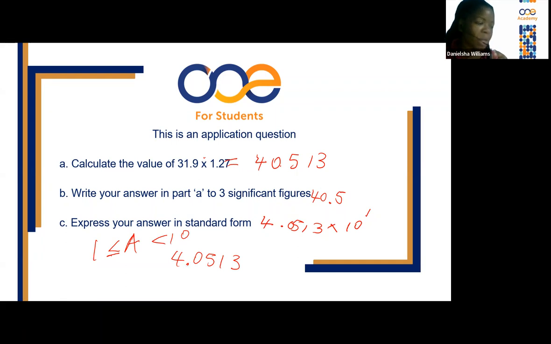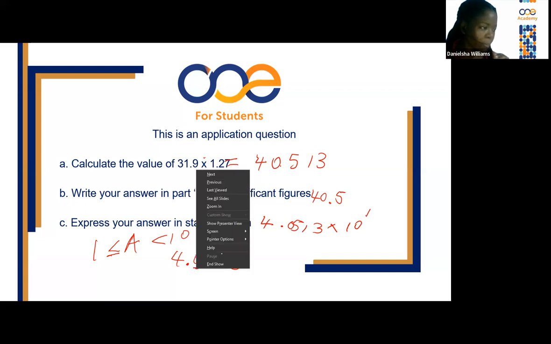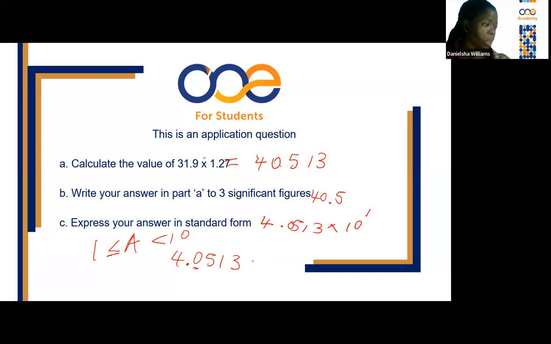Now comparing it with the original figure, which was 40, and now we have 4.0, we just count the number of places that we skipped. In this case, we only skipped 1. And then we always multiply by 10, and our exponent is going to be 1.